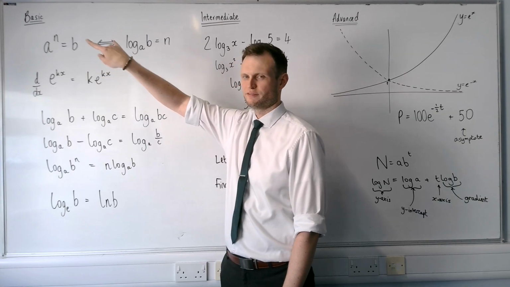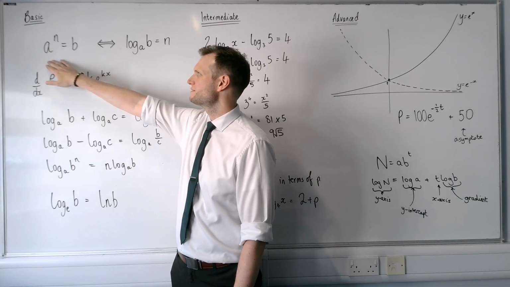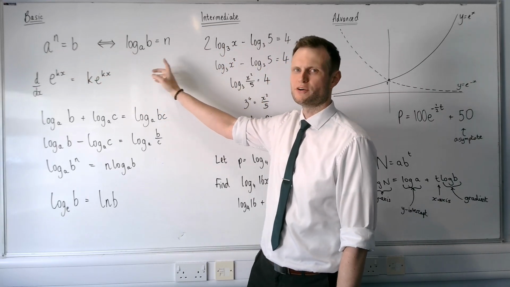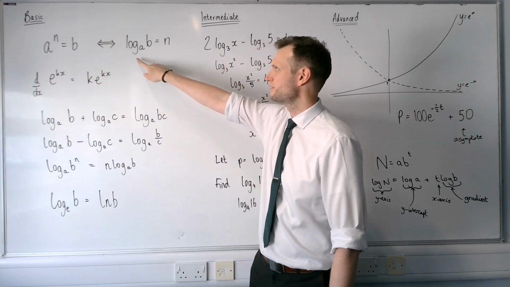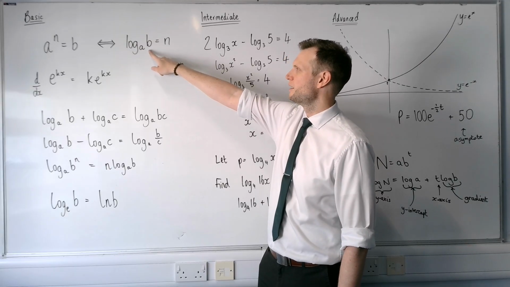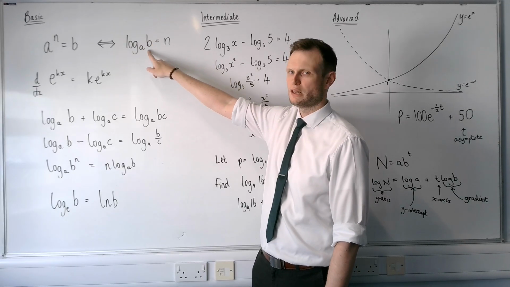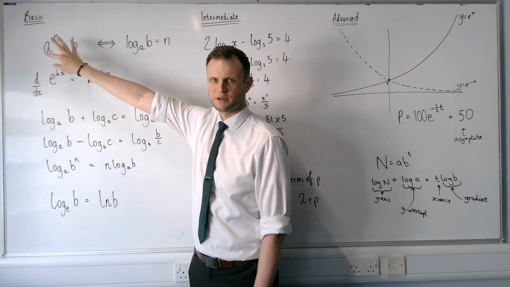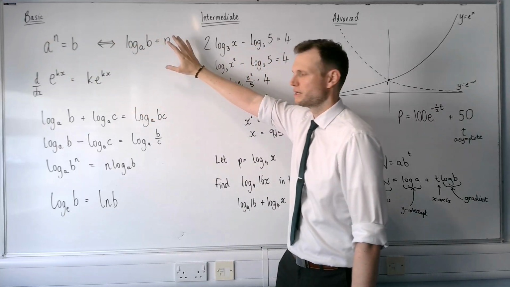So the first thing I've written down here is just the basics of logarithms. So if you've got a to the n equals b, you can rewrite that as a logarithm, and vice versa. So if you've got a logarithm where there's only one log, you've got the base, you've got what's being logged, and you've got an answer, you can rewrite that in the exponential form, or you can rewrite the exponential in the log form.